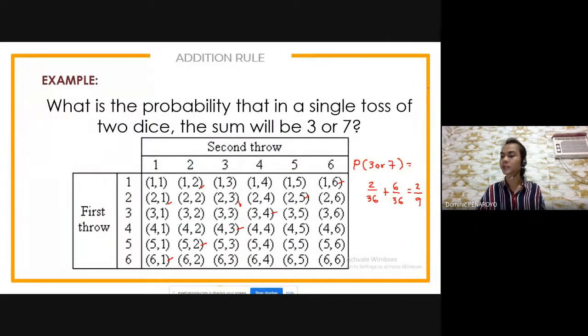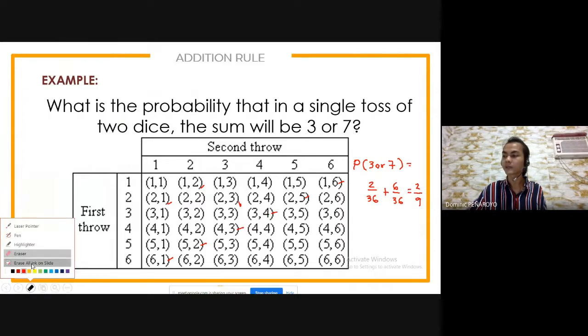So, getting a sum of 5. Okay? So, erase ko muna ito. So, getting a sum of 5. So, ilan yung probability that you will get a sum of 5?